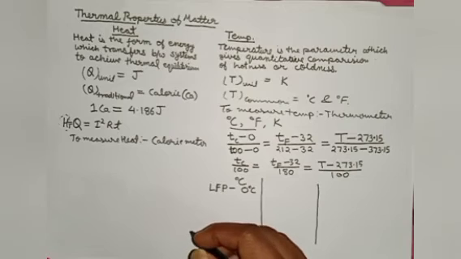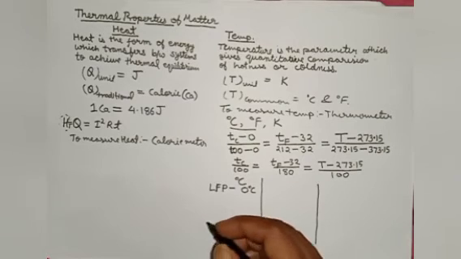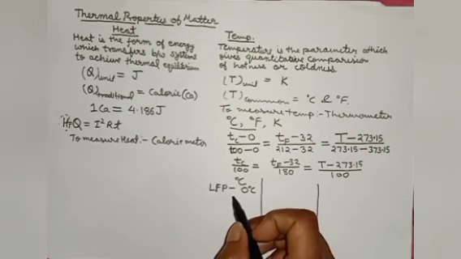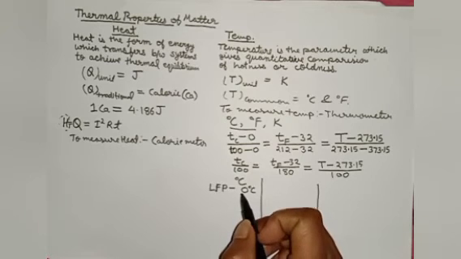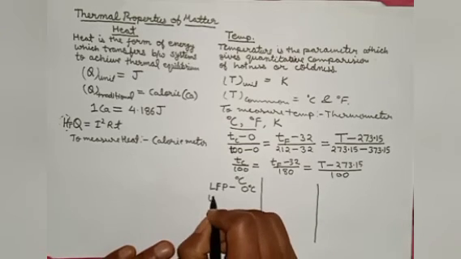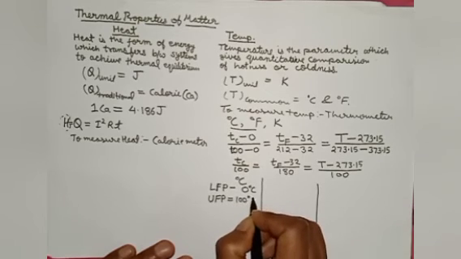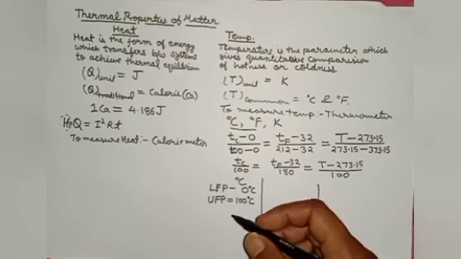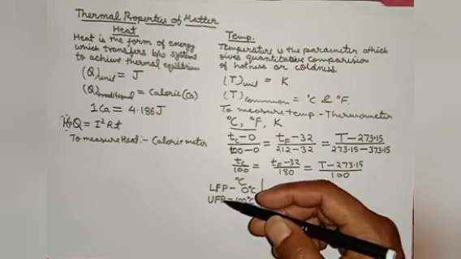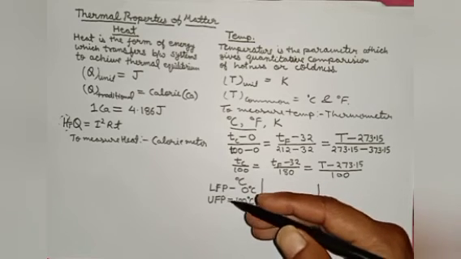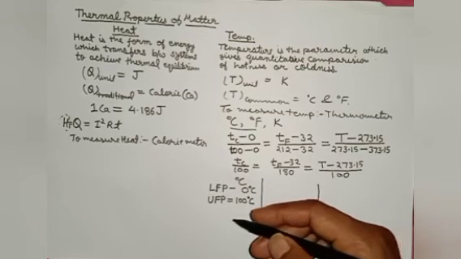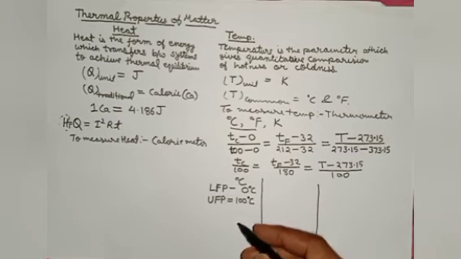The temperature at which ice starts melting is taken as the lower fixed point, and it is marked as 0 degree Celsius. And the upper fixed point: it is put in boiling water, and where the temperature scale reached, that is marked as 100 degree Celsius.